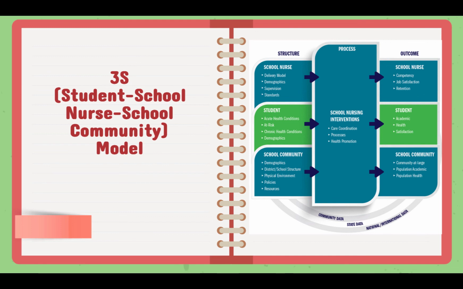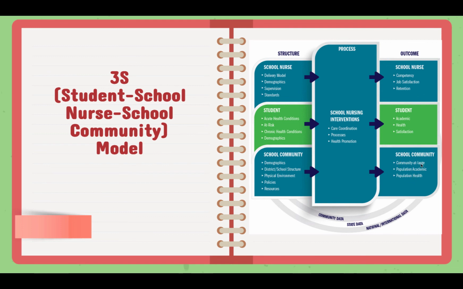Outcome measures look at whether or not the desired state of results from the care provided. So this is, if you were measuring school nurses, did they keep their jobs? Did they have job satisfaction? Did the student reach their academic, health, or their satisfaction goals? And then in the school community, do we know what's the population health of the community?